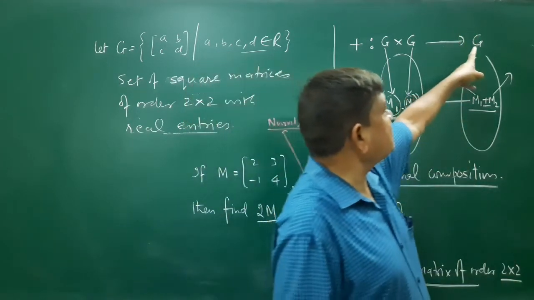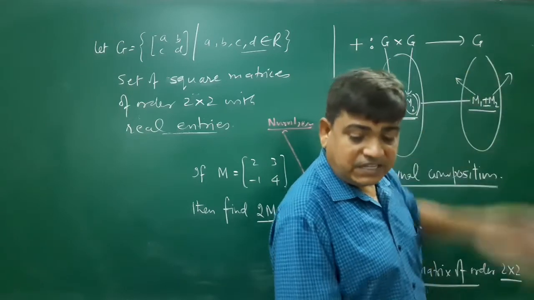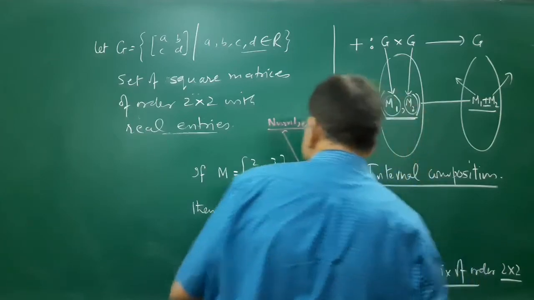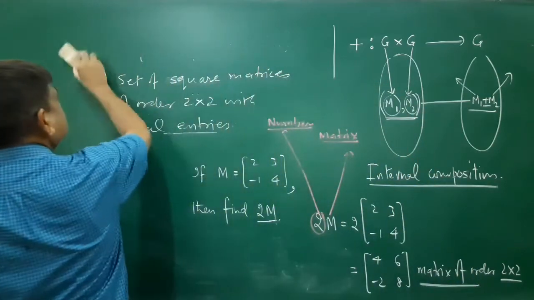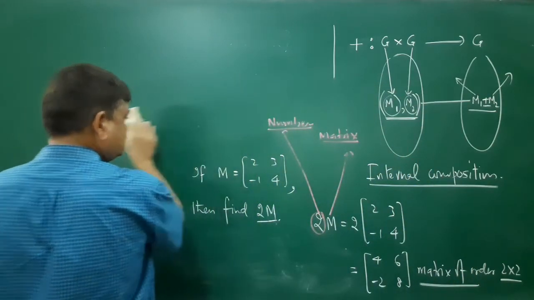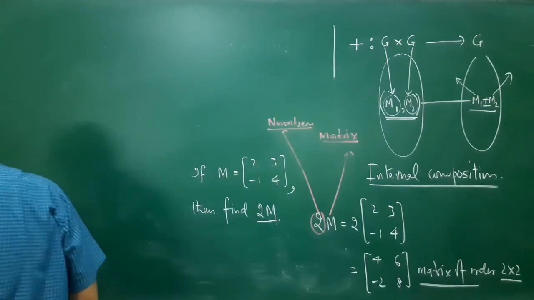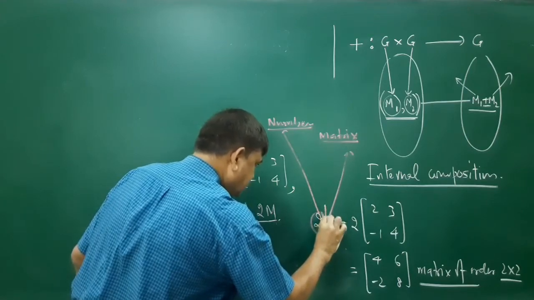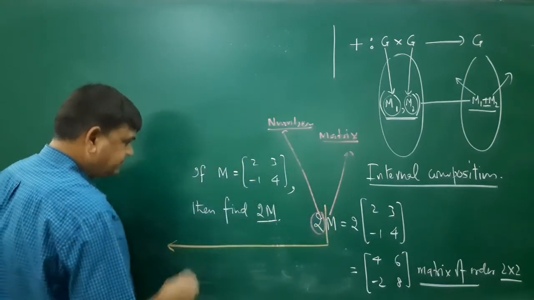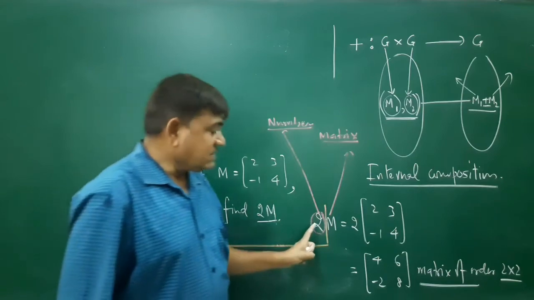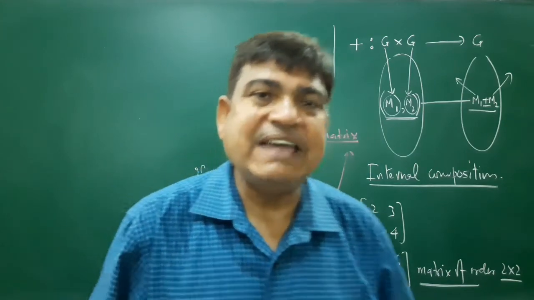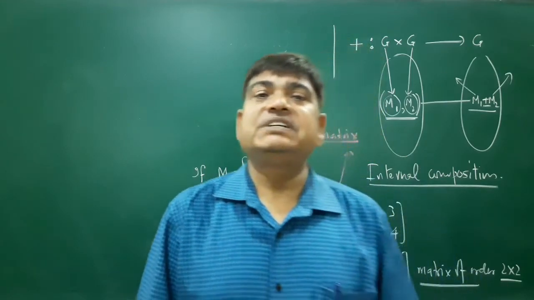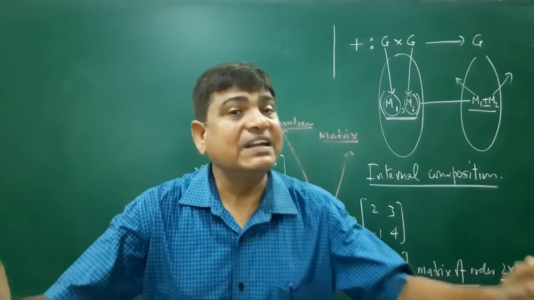Then I want this set particularly. So here you can see, and one thing more, look at this. The sign between 2 and m is multiplication, but it is not ordinary multiplication.